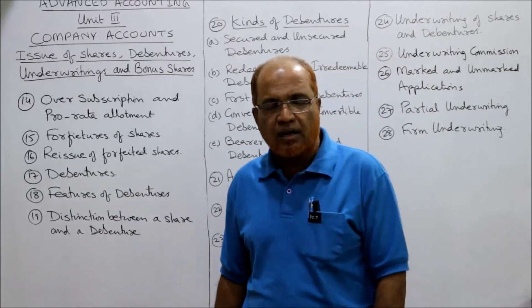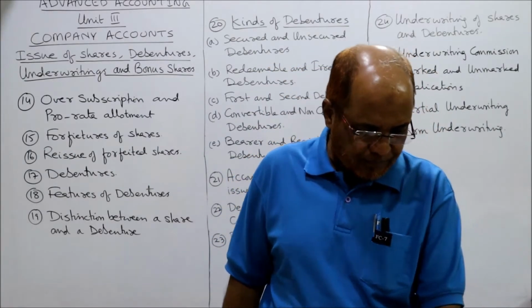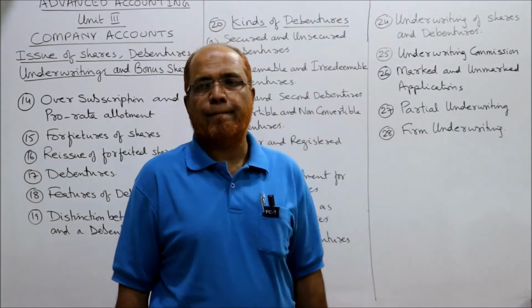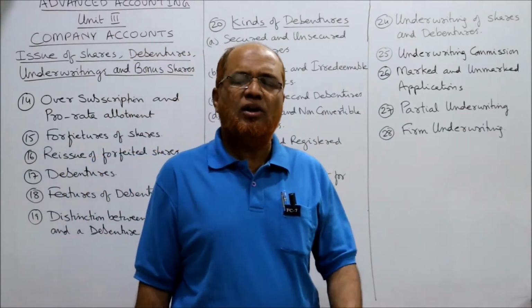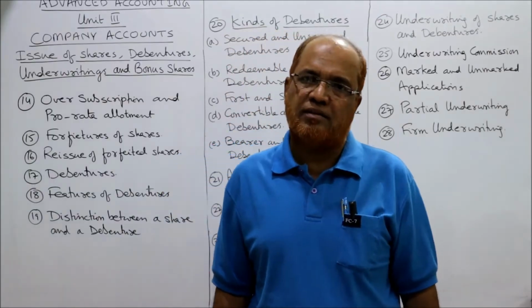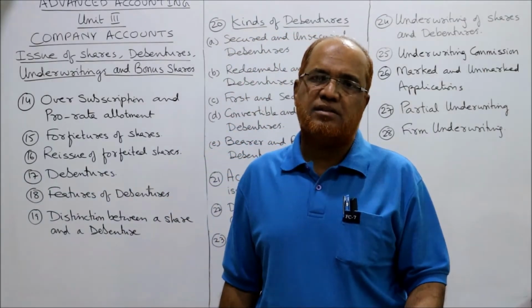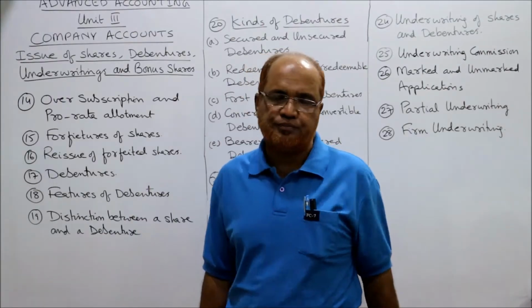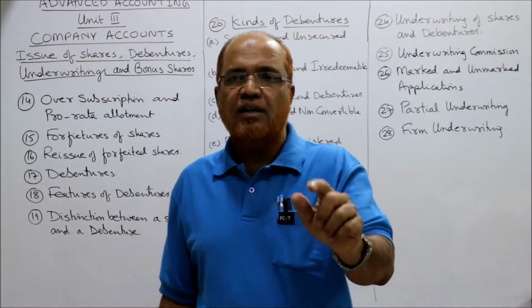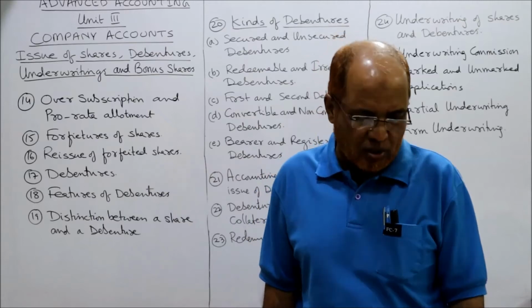Thirdly, debentures are entitled to interest, periodical payment of interest. On debentures, interest will be paid periodically. Normally, it will be paid every 6 months at the rate specified at the time of issue. At that rate of interest, interest will be paid to the debenture holders.